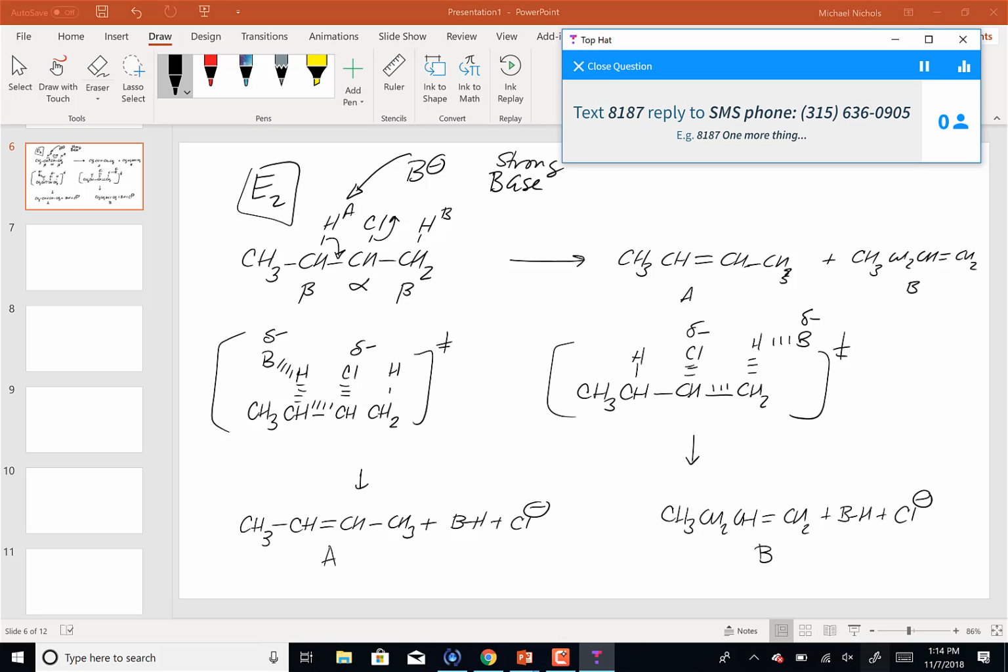Would it be A or would it be B? So, in E1 that we did on Monday, which one of these two would be the major product, A or B? Should get 100%. Why not? Should be 100%. Let's put a pressure on me.